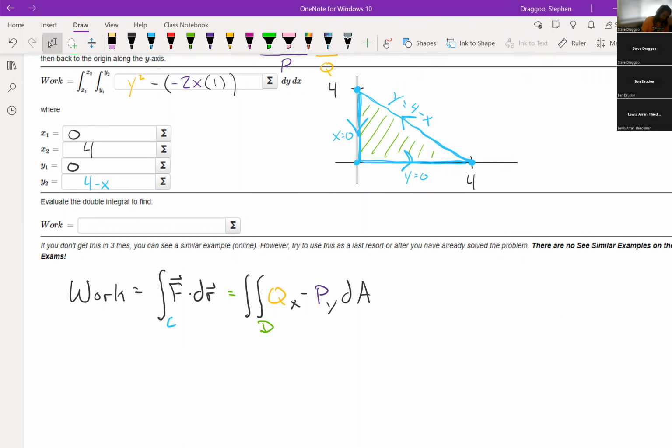So now that we're all set up, I think we're ready to calculate something. So I've got a double integral here of y squared plus 2x.